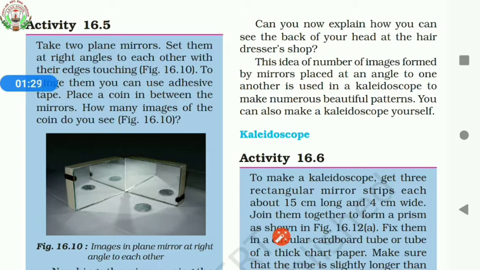Now, what is the difference between regular and diffused reflection? In regular reflection, the reflected rays will be parallel to each other and we can obtain the image.